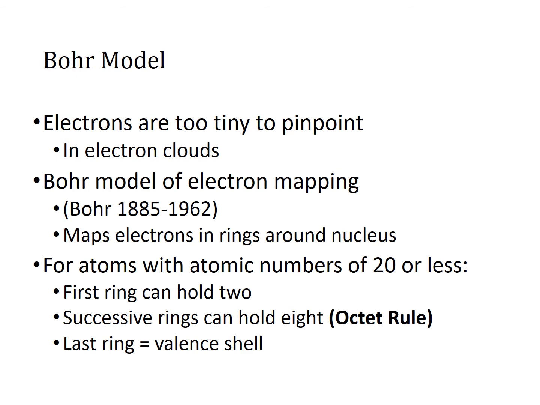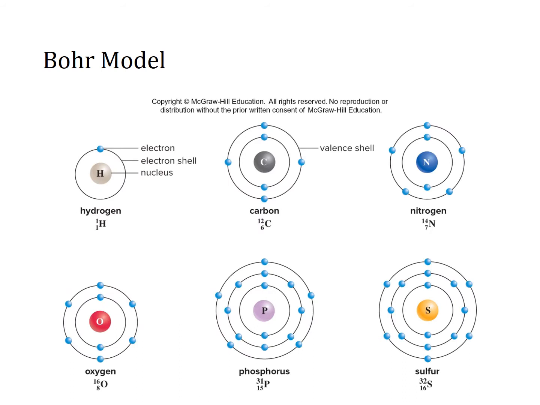Electrons are too tiny to really pinpoint, but scientists decided long ago, chemists really, to focus on imagining or giving us an idea of what an electron might look like and how it orbits around that nucleus. So the Bohr model is the most common model of electron mapping. You'll see hydrogen, carbon, nitrogen, all of these modeled using the Bohr model.